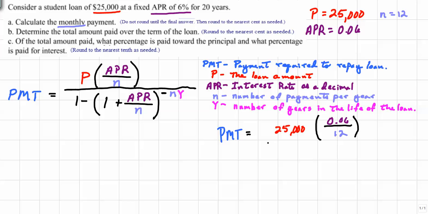Now we're going to divide that by 1 minus 1 plus, and you'll note that we're going to redo the APR over N. So we're going to have 0.06 divided by 12.